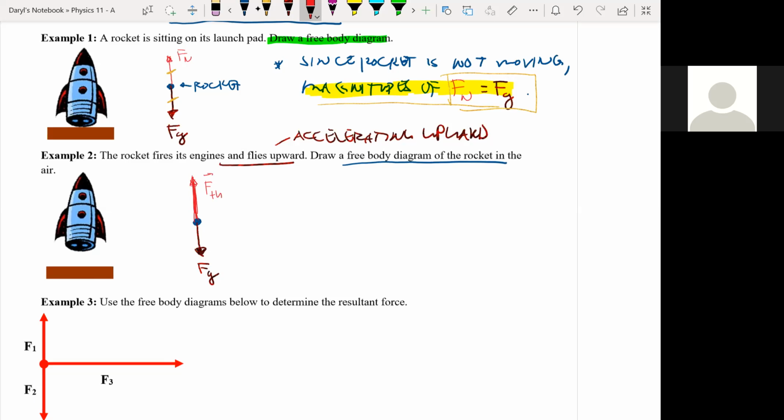The magnitude of F thrust is greater than your Fg. This symbol here just indicates that I'm talking about just the magnitude, okay? The magnitude of the thrust force is bigger than the magnitude of your gravity.